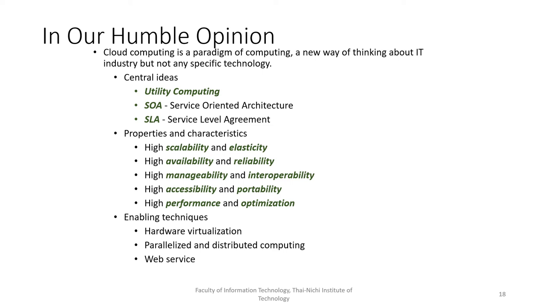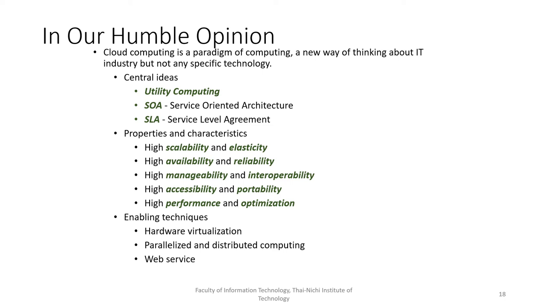SOA, which I mentioned in Web 2.0, has been in force since 2007 or 2008. It was taken up on a huge scale by IBM, and later many players in the market came to use it, and now it has transformed into the cloud, so it has a lot of potential. All these three concepts intersect to form cloud computing, and this in turn gives some properties and characteristics.